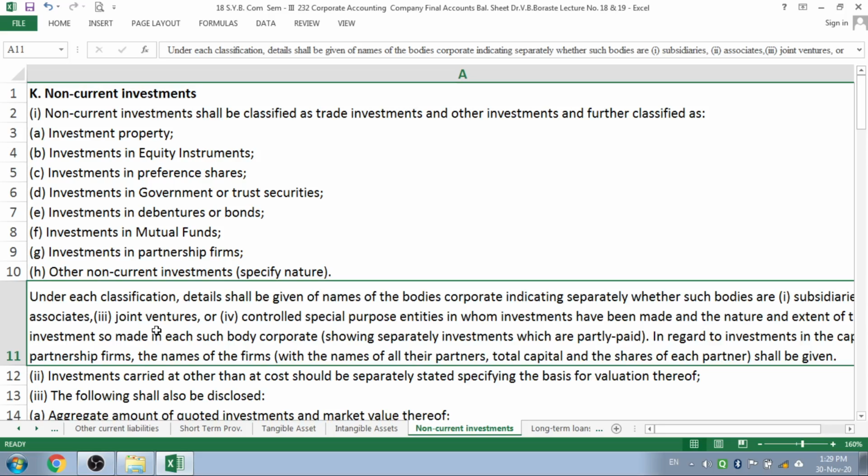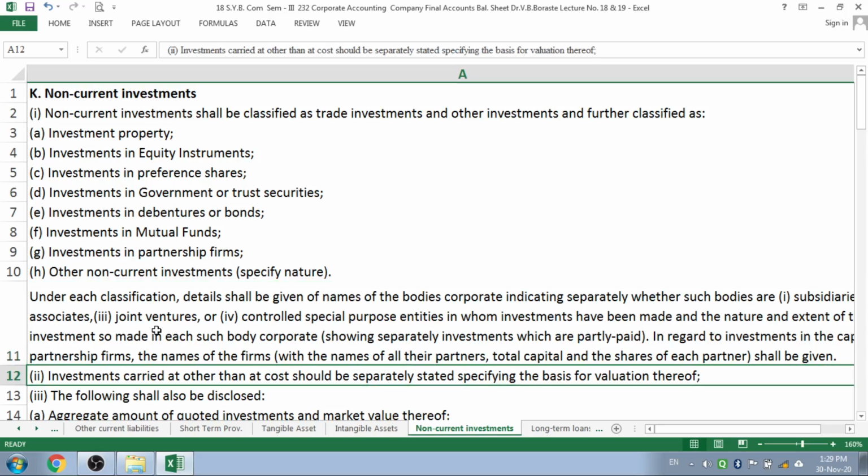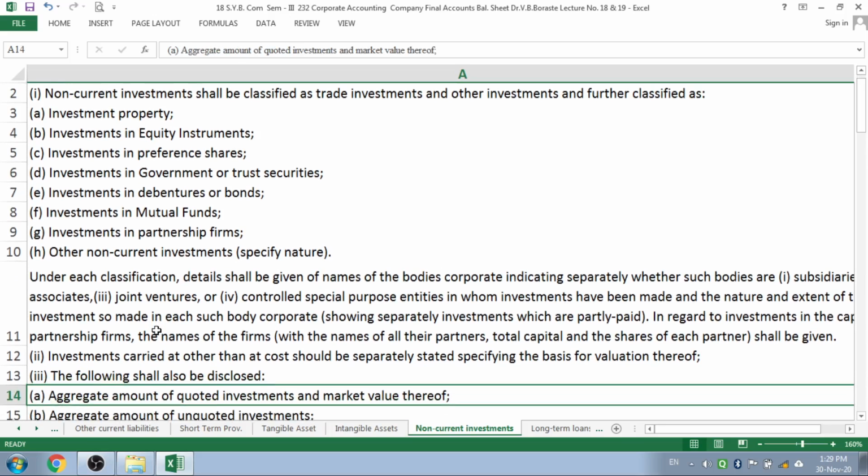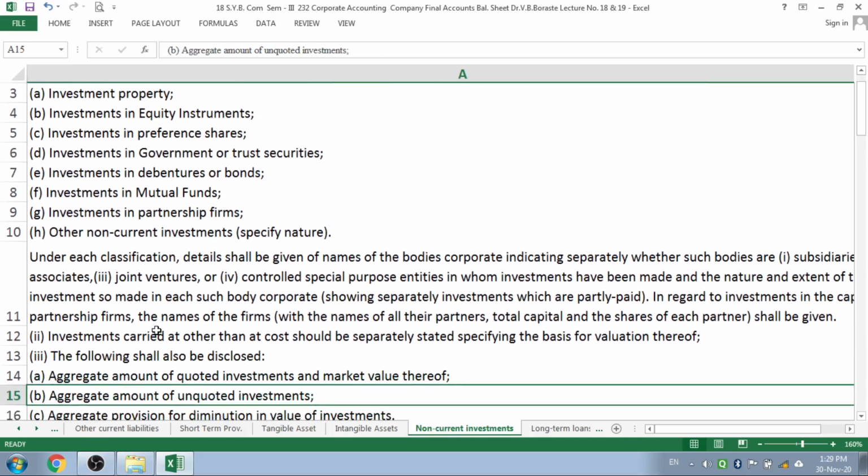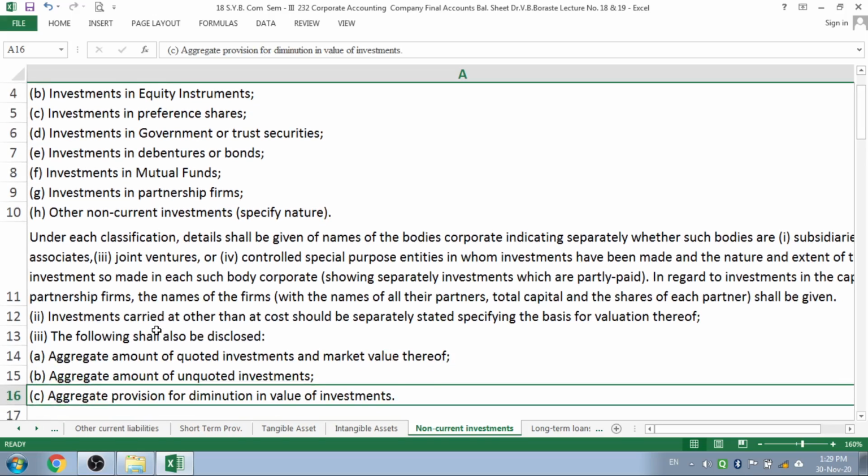Details shall be given of the names of bodies corporate also. Investment carried out other than at cost should be separately stated, specifying the basis of valuation thereof. The following shall also be disclosed, that is aggregate amount of quoted investment and market value thereof, as well as aggregate amount of unquoted investment and aggregate provision for diminution of value of investment.